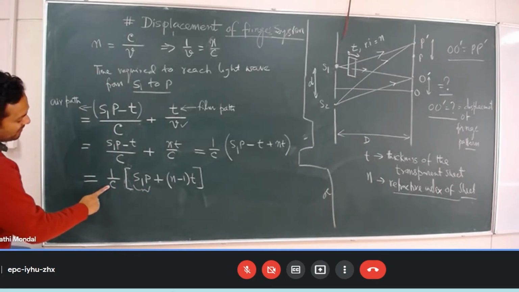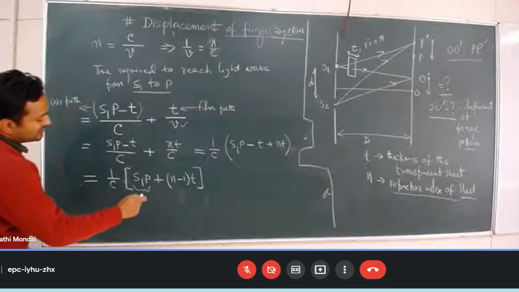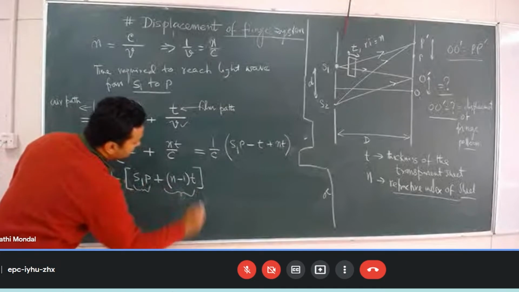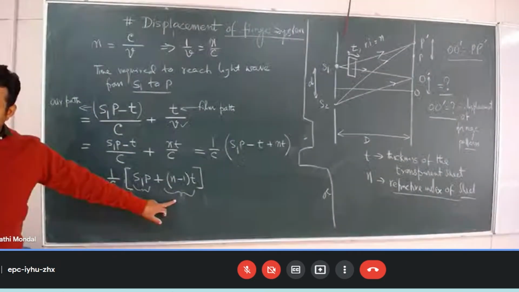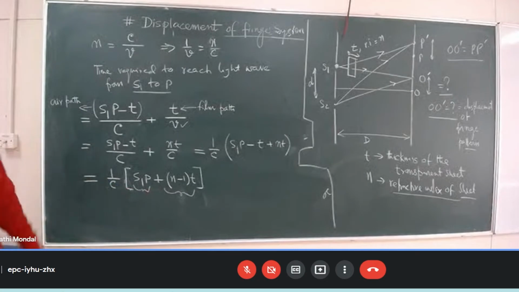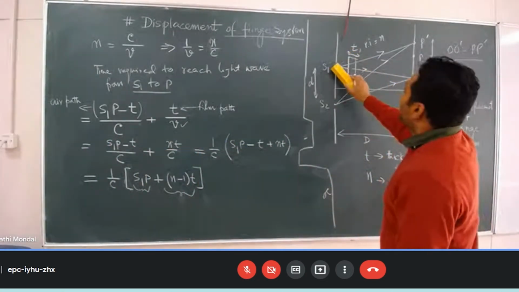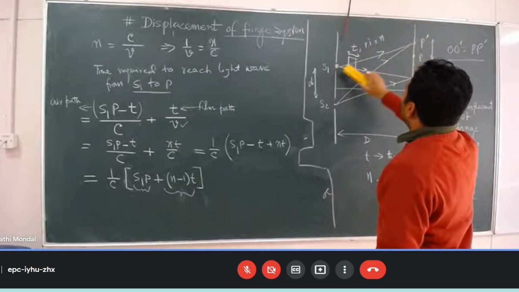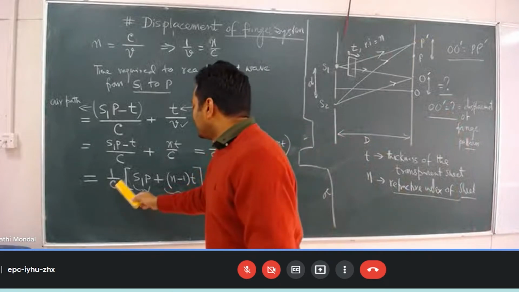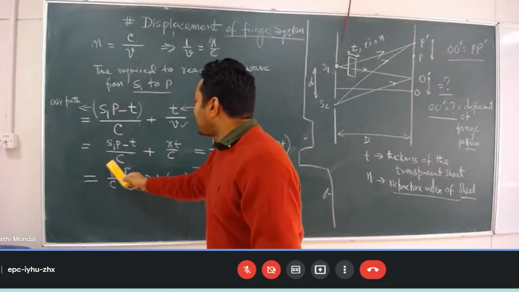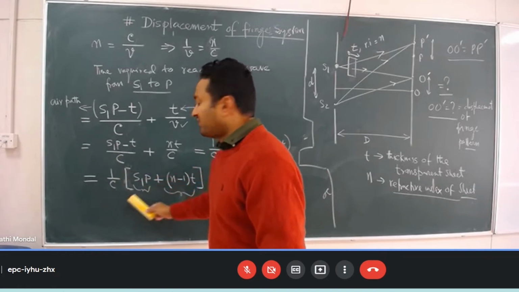If I divide by the velocity in air, it will become S1P by C. Now this much is the increased time, right? Before, if this was not there, how much would the path be? The geometrical path S1P would all go through air. The velocity in air is C. So this is the time it would have been taken before inserting the thin film.